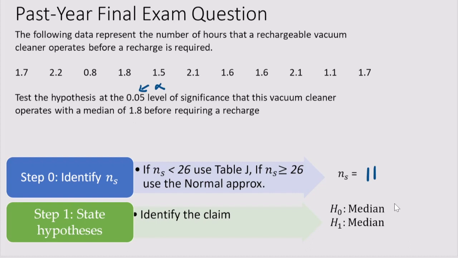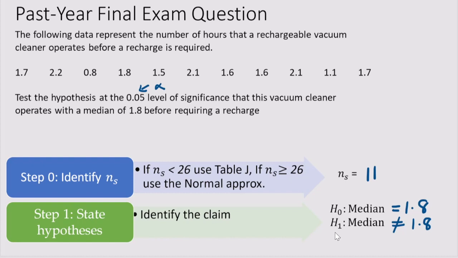That means our null hypothesis would be equal to 1.8 or not 1.8. So not equal to 1.8. Okay, so the equal sign always belongs to the null hypothesis. The unequal sign always belongs to the alternative hypothesis.